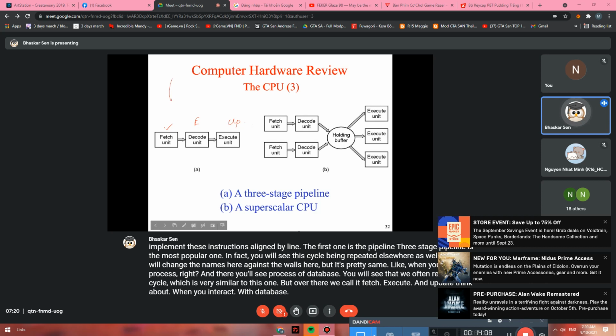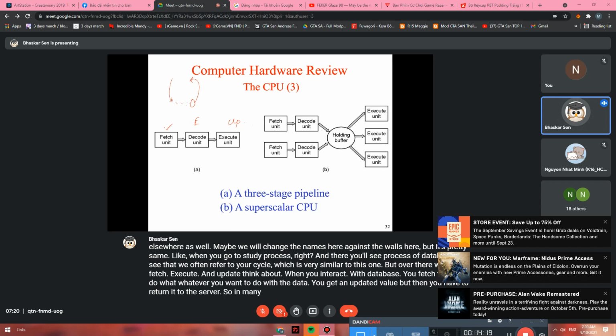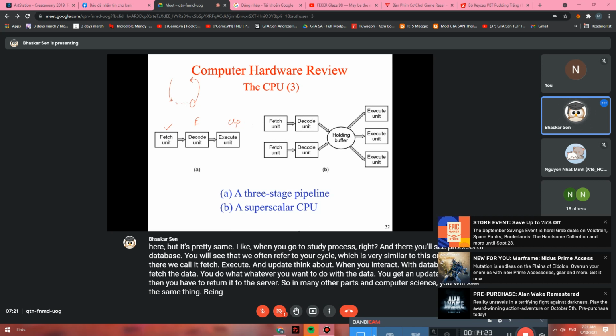You fetch the data, you do whatever you want with it, you get an updated value, and then you have to return it to the server. So in many other parts of computer science, you will see the same thing being repeated. It's the most simple and linear way of repeating a cycle in a synchronous way.